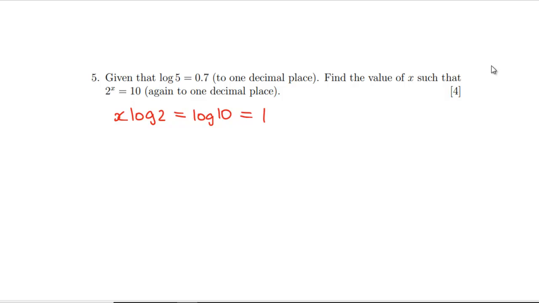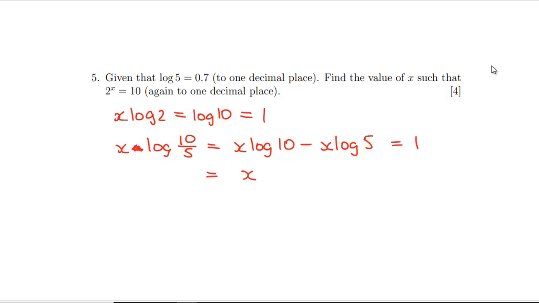So log 2 is log 10 divided by 5, which is x log 10 minus x log 5. Okay, and that equals 1. So we've got x times (1 minus 0.7) is equal to 1. So x is equal to 1 divided by 0.3, so 10 over 3, which equals 3.3 to 1 decimal place.